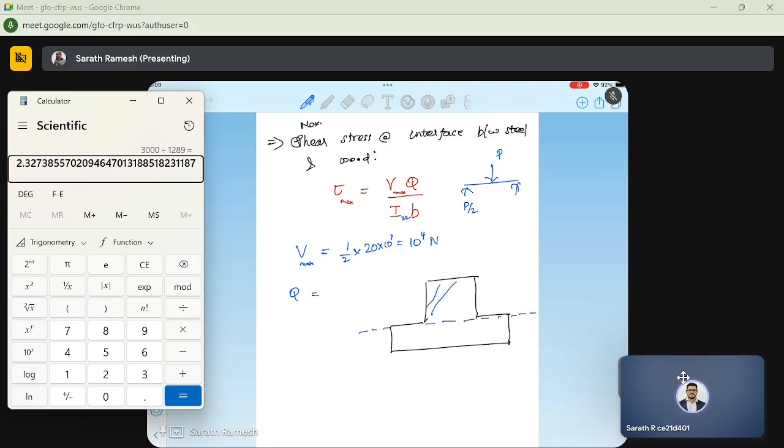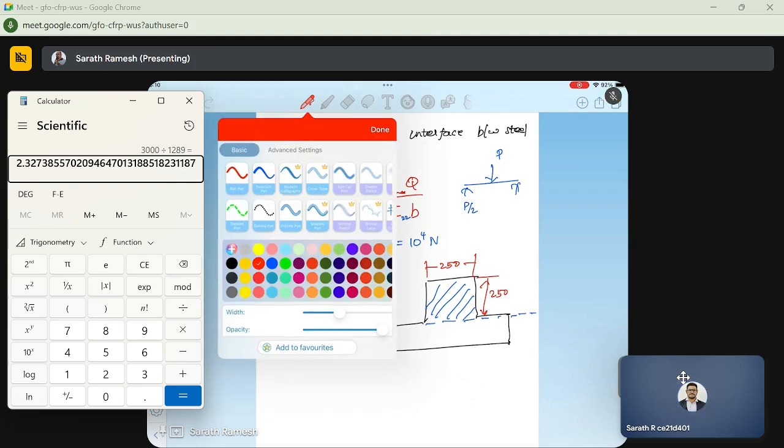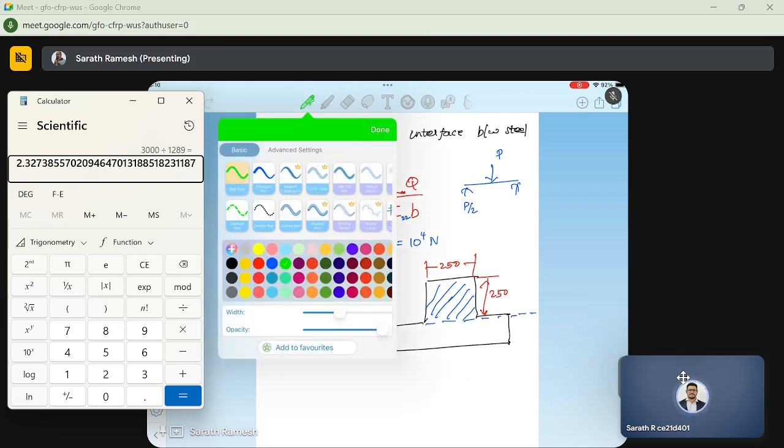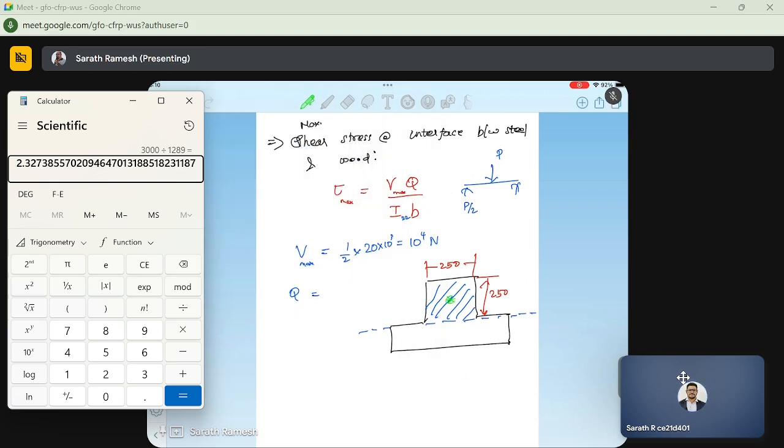This is 250 and this is 250 again. Q will be the area moment. This centroid will be somewhere here, and the neutral axis of the cross section will be somewhere here.